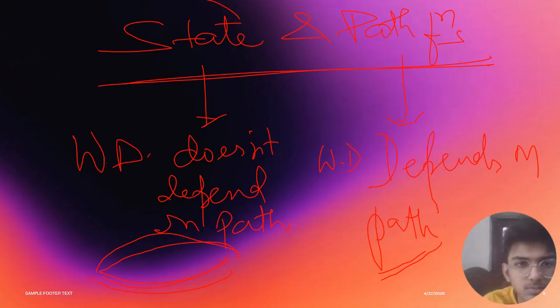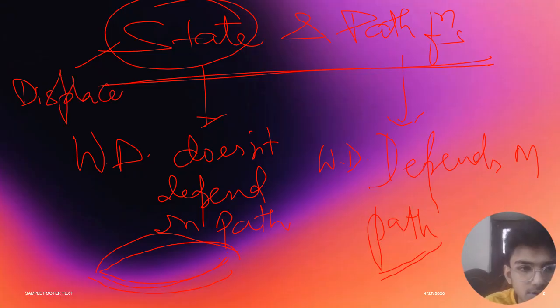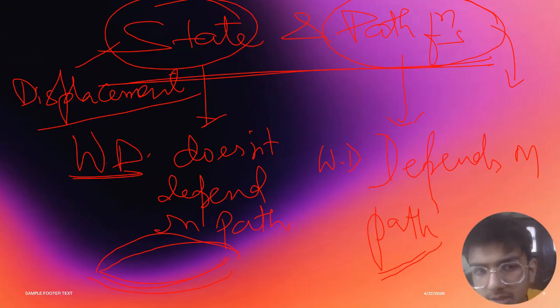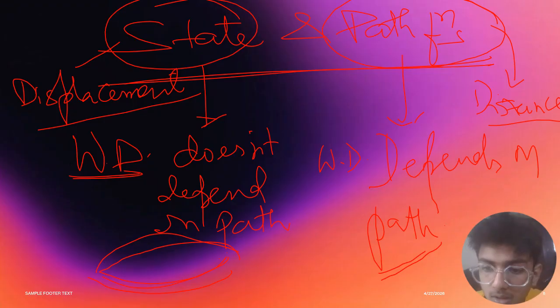The state function will be treated as displacement because it is path independent. It just depends on the initial and final position. Work done or any other parameters can also be there. And path functions can be treated as distance, as it is dependent on different paths. If we change the path, then the distance will also change. Right? So these are the two different terms which you must understand.